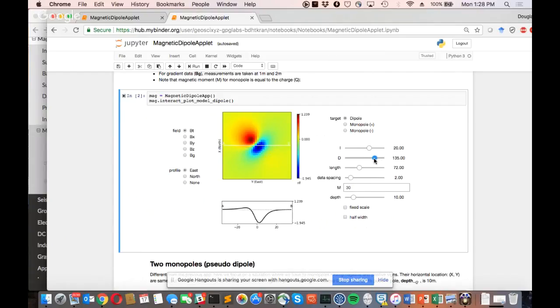So depending on, for instance, where you buried the object or where you're doing the survey on the Earth, you could get a picture that looks like this. This is actually the total field anomaly. Or you could get something that looks like that. This is actually the same strength dipole, just buried at different orientations relative to the field.